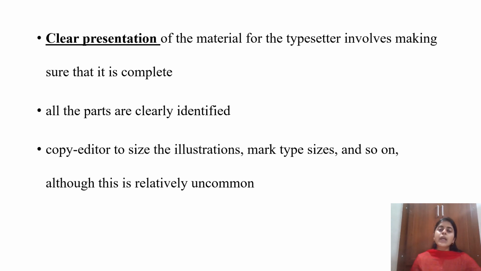Definitely we have to spend a lot of time in proofreading, and it is quite expensive. Sometimes the publication house has to bear the expenses, otherwise the writer has to. So in order to avoid all the expenses and waste of time, copy editing is very important, and we have to carry out the suggestions of the copy editor, so that in the proofreading stage we can avoid the waste of time and also the expenses.